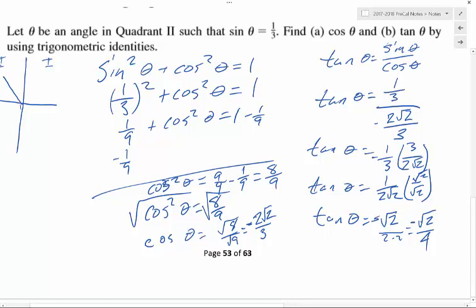And that makes sense that it would be negative because if it's in quadrant 2, that means it's in the upper left quadrant, and tangent is slope, so I would have negative square root of 2 over 4.